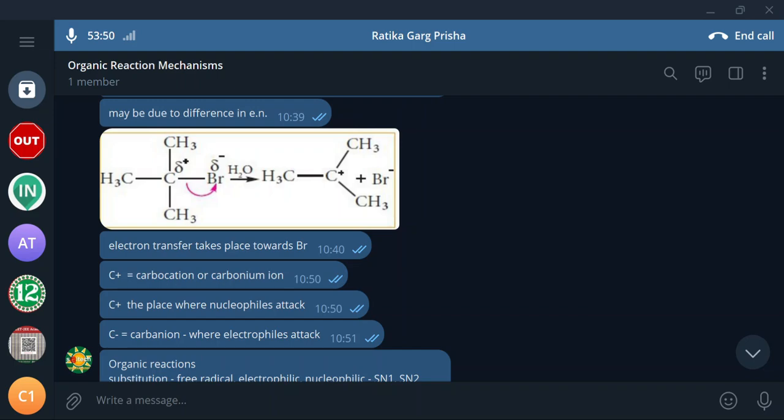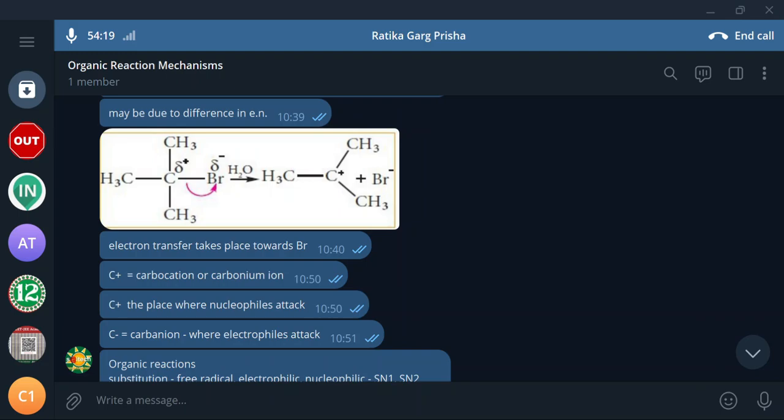Double, very good. And how does this heterolysis take place? It is because of the difference in electronegativity. Very good. And towards which atom is the electron transferred? Towards the more electronegative atom. Good.